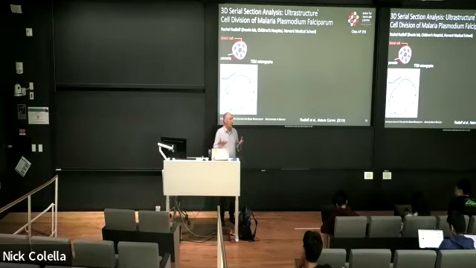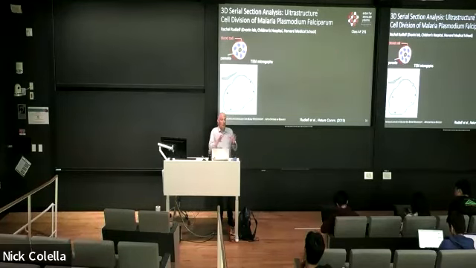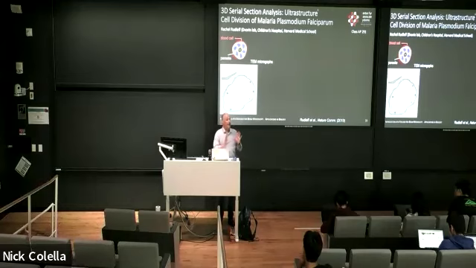Due to the natural complexity of cells, two-dimensional cross-sections often don't reveal the complete picture of the entire system. And this is where the power of serial section focused ion beam comes in, because at least within this small volume, we can get the entire three-dimensional structure.